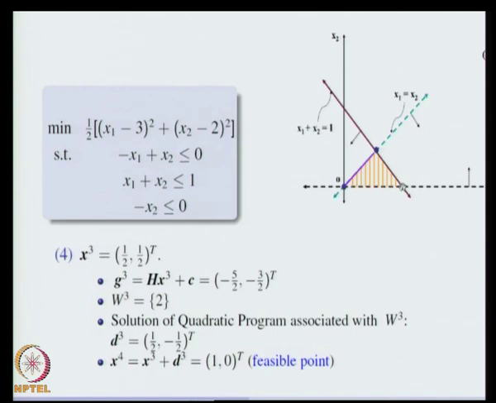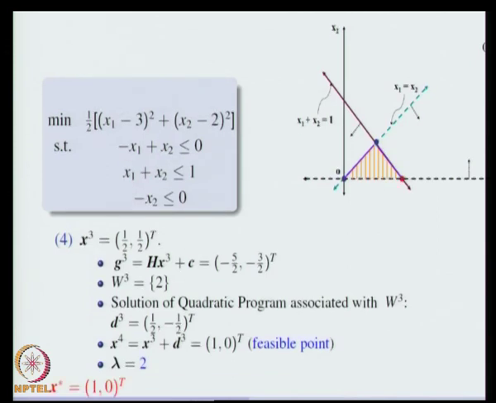The point 1 0 is here, and that is a feasible point. So, it satisfies all the three constraints. So, alpha equal to 1 is a good choice here. Now, we have to check whether the Lagrange multipliers are positive, because we have only one constraint which is active here.